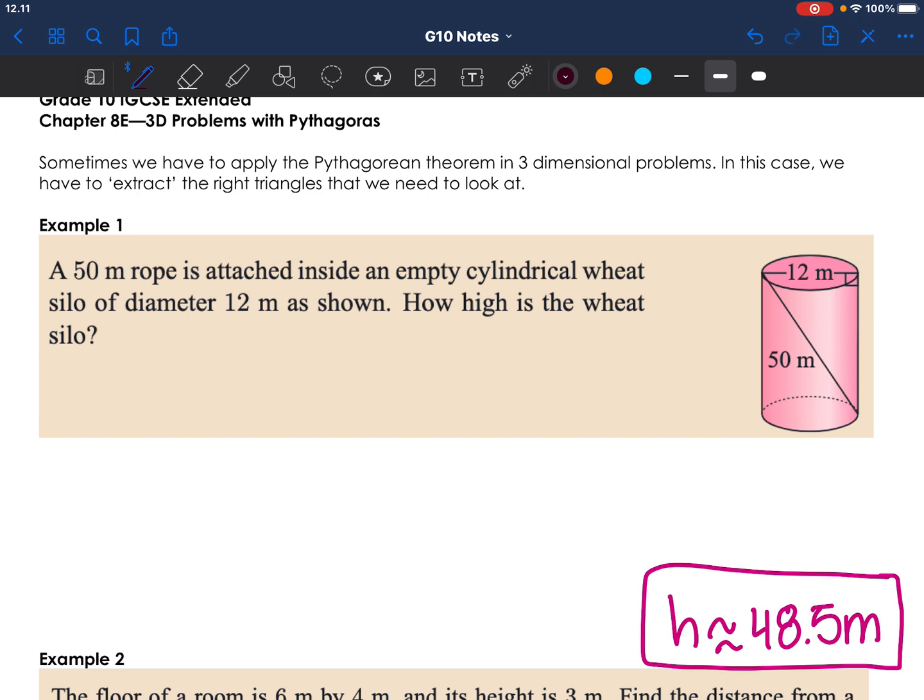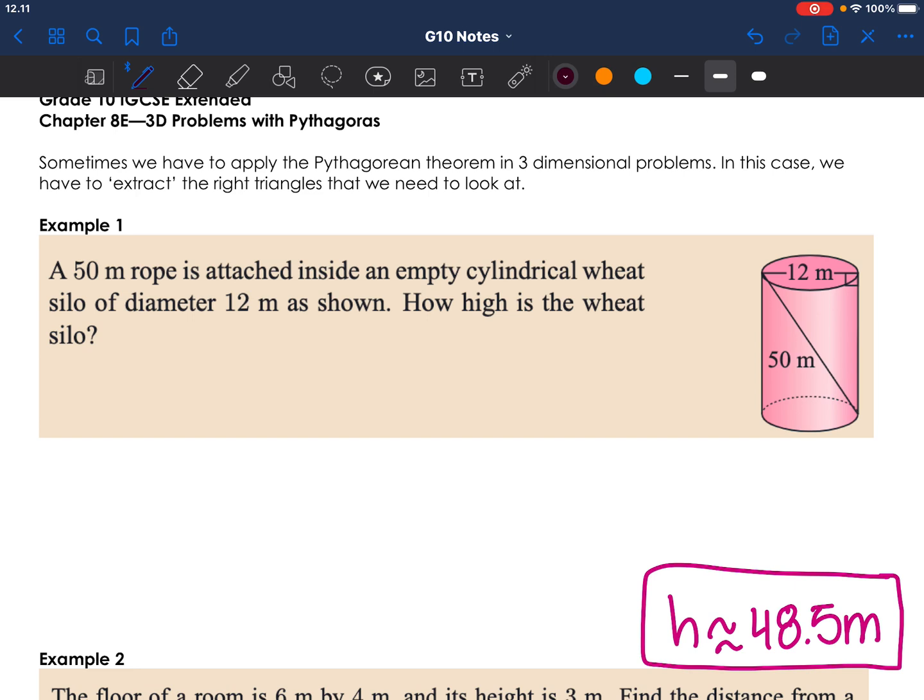Alright, so again, whenever you're looking at a cylindrical thing, like a silo or like a can, you don't immediately think about right triangles, right? So the statement on top says, sometimes we have to apply the Pythagorean theorem in 3D problems. In this case, we have to extract the right triangles that we need to look at.